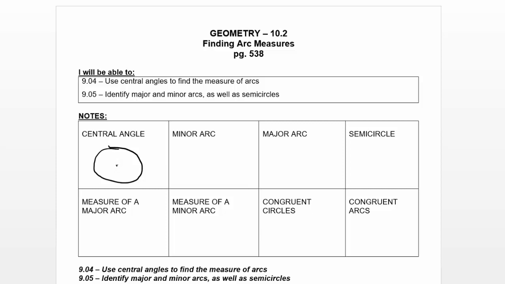So if this is circle P, and this is point P, then we'll make an angle by making this the vertex of the corner of the angle. So, for example, maybe this is angle P, which would be a central angle because its vertex is right in the center.